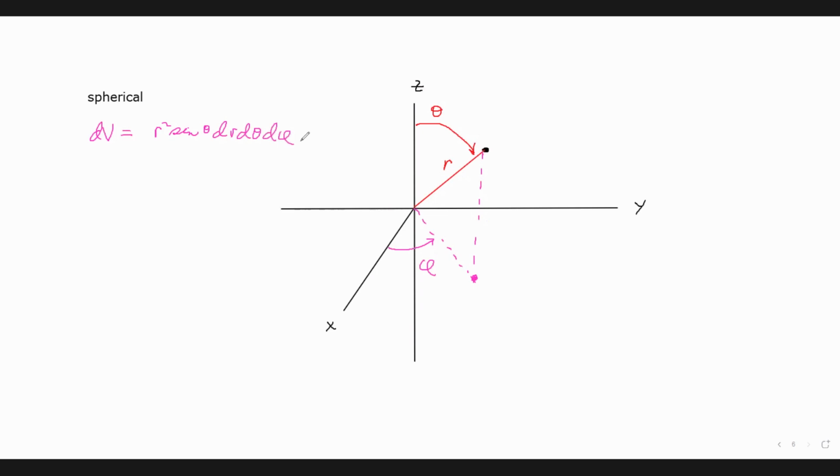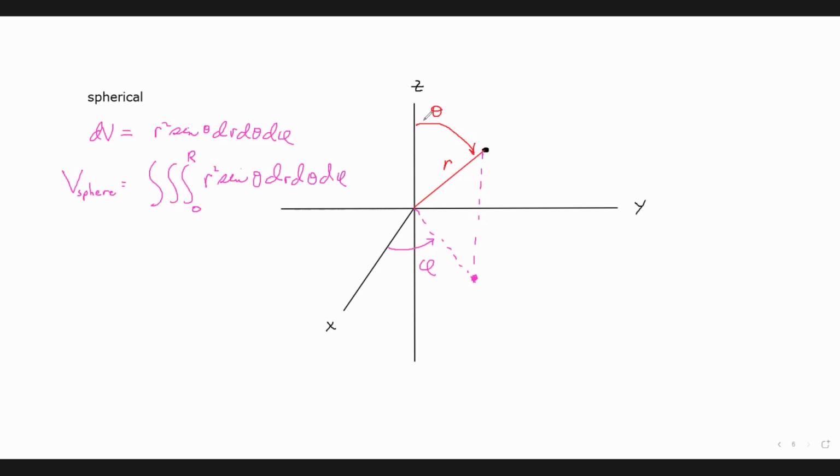So if I wanted to determine the volume of a sphere, the volume of a sphere is equal to a 3-dimensional integral of r squared sine theta dr d theta d phi. And my r coordinates go from 0 to the radius of the sphere.